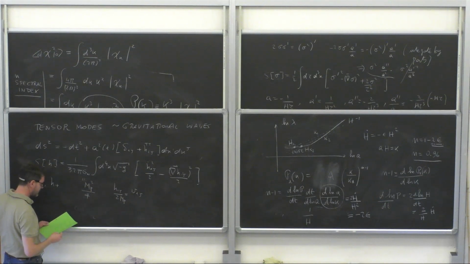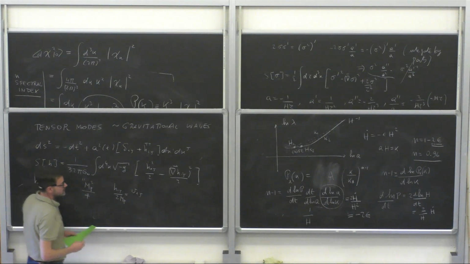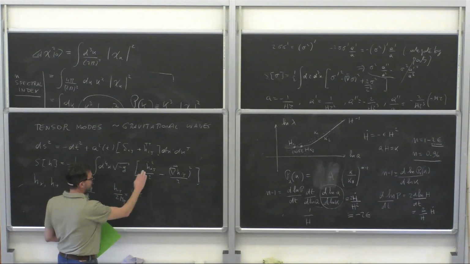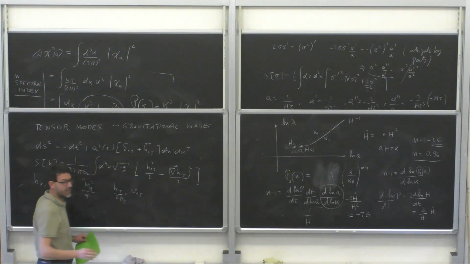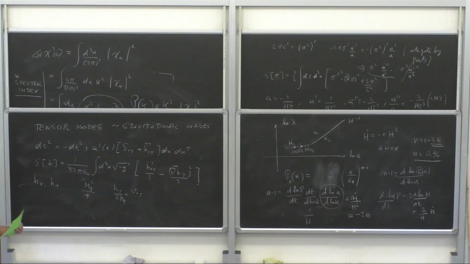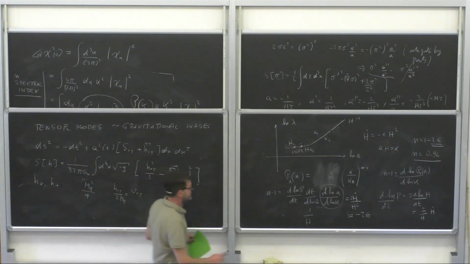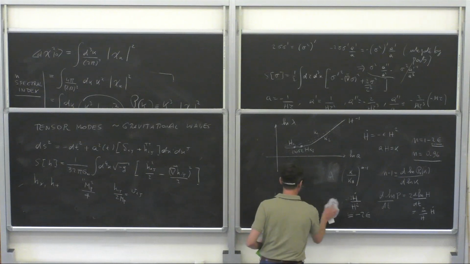So now the action is the action of two scalar fields, two chi fields, if you like. They evolve independently. So the results that I computed so far, you can apply directly without doing any computation, because we already have done it completely for one scalar field.